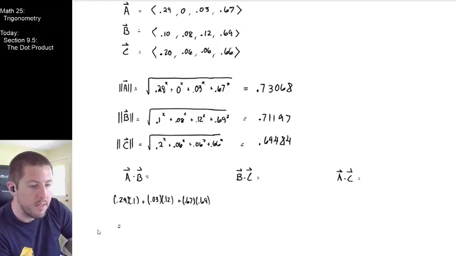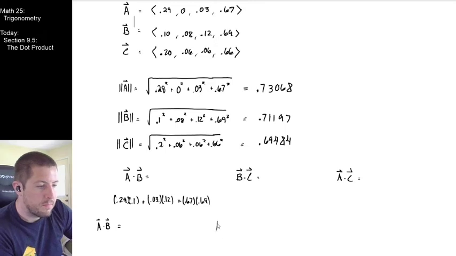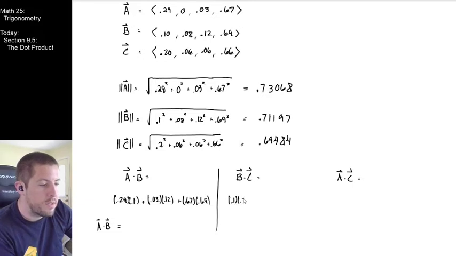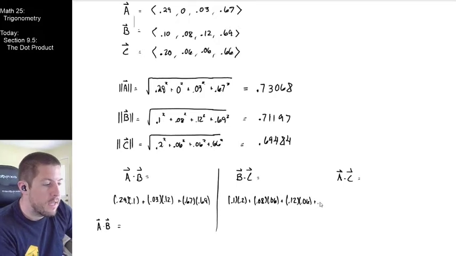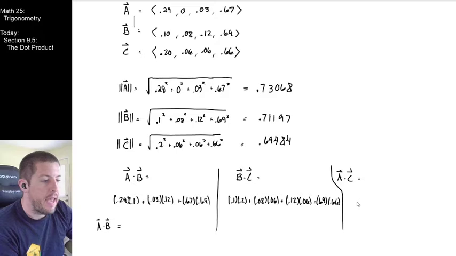We'll go to the calculator and get our A dotted with B. For B dotted with C, I'm going to get 0.1 times 0.2, 0.08 times 0.06, 0.12 times 0.06, and 0.69 times 0.66. And finally, A with C.